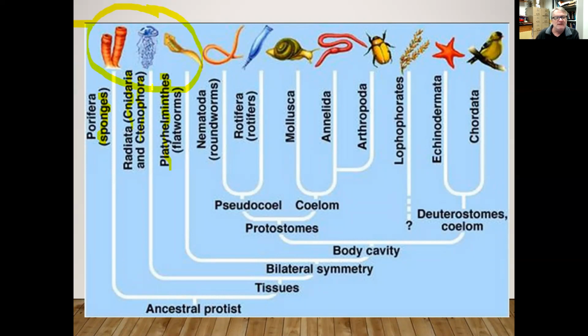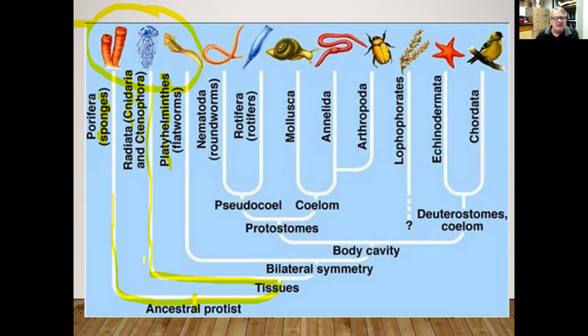And if we trace them down to where their branch lines are, remember the sponge probably has the closest relationship with our ancestral protist. That's one of the critical pieces of evidence because of the similarity between the cells in the sponge and the cells of the protist.